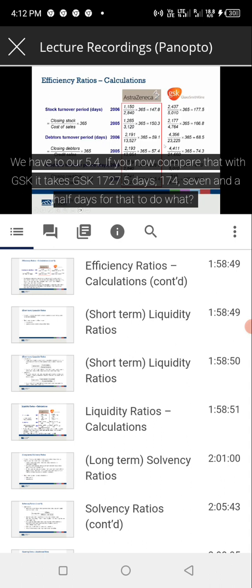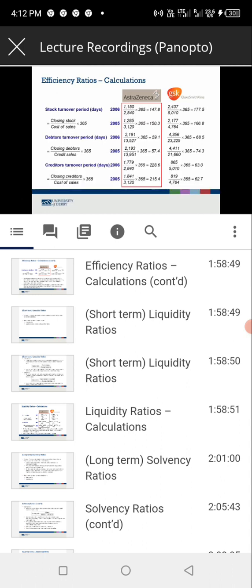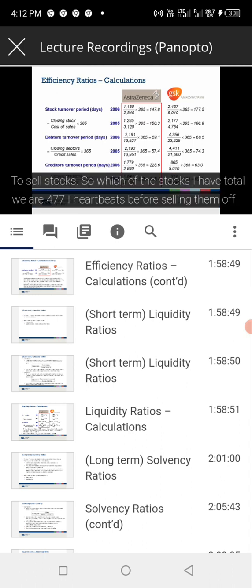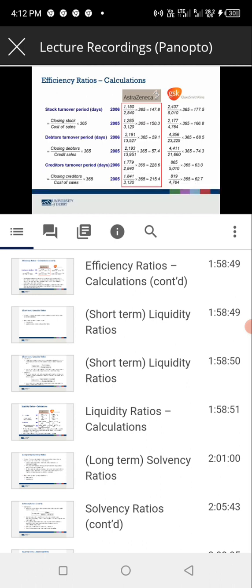If you now compare that with GSK, it takes GSK 177.5 days, 177 and a half days, to sell their stocks. Which means their stocks are held in the warehouse for 177 and a half days before selling them off.